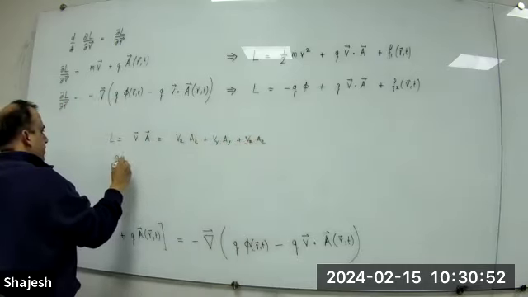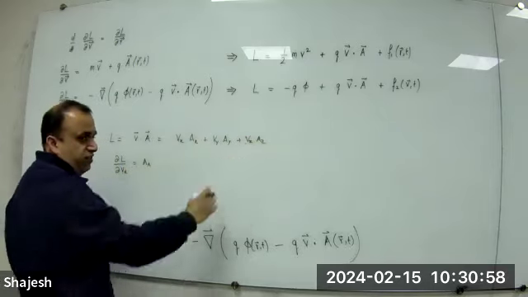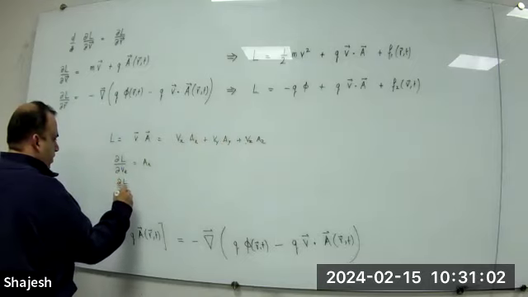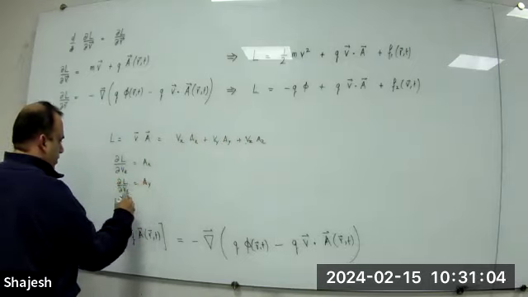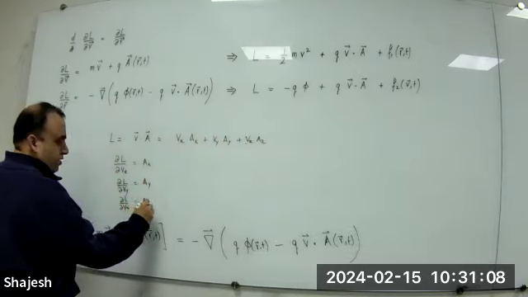Do the derivative with respect to Vx. That's Ax, right? It doesn't see the others. The derivative with respect to Vy is Ay, and with Vz is Az.